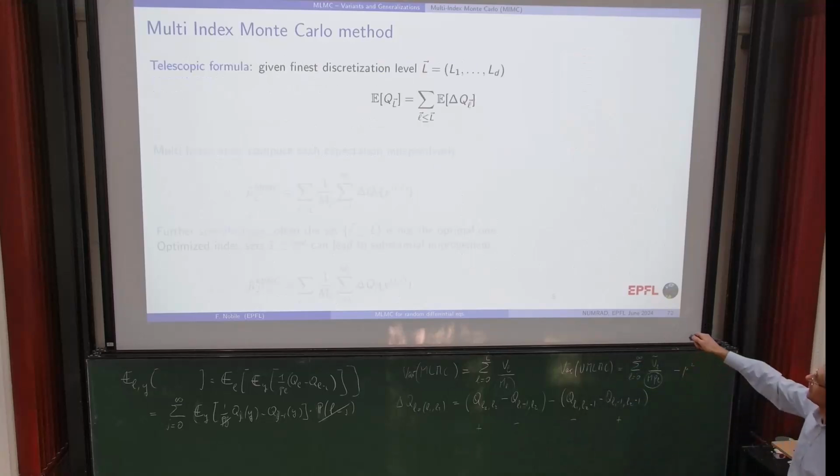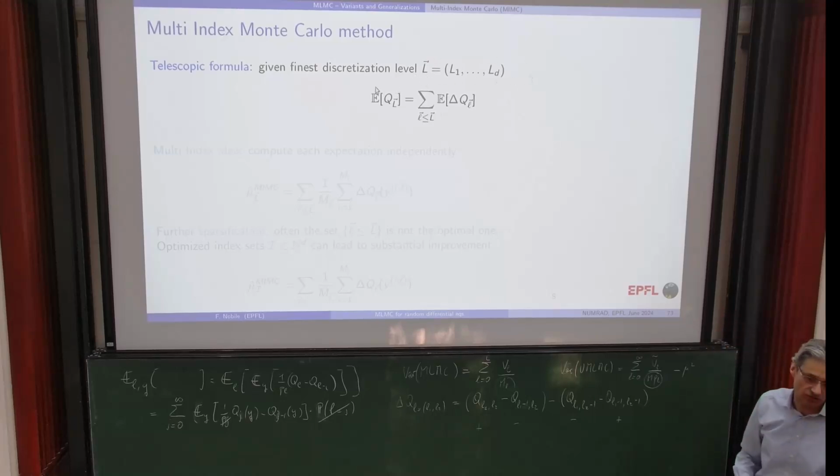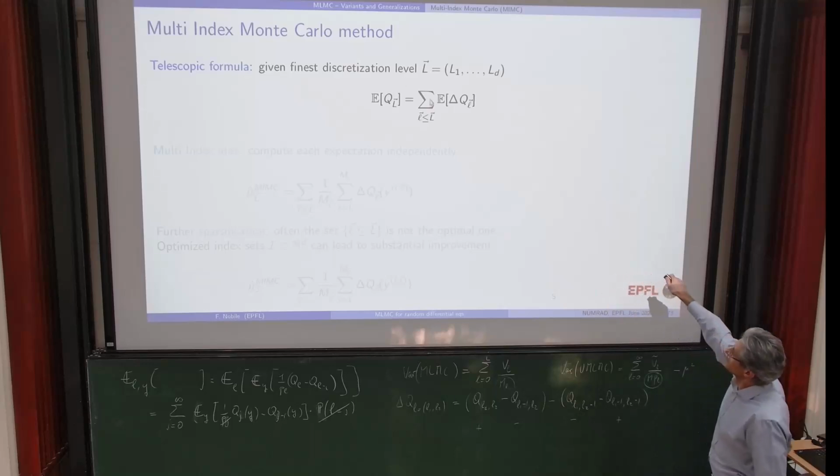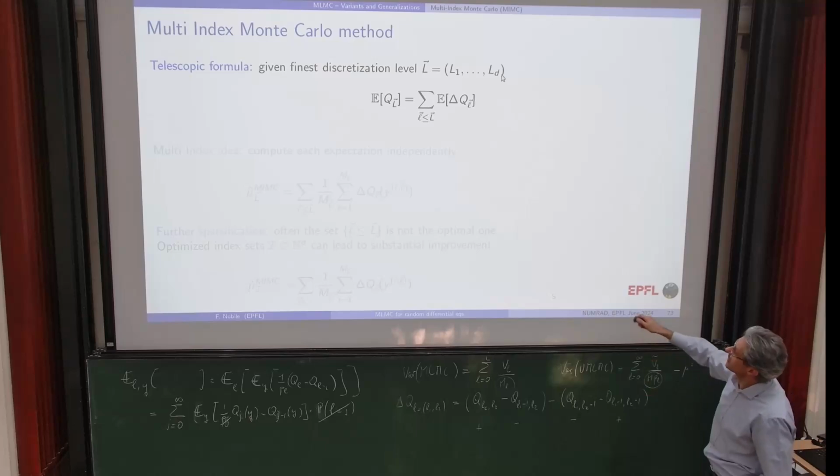So if I take, again, some target, let's say this is the final discretization I'm happy with, that satisfies the tolerance on the bias, with parameters capital L1 to capital LD.